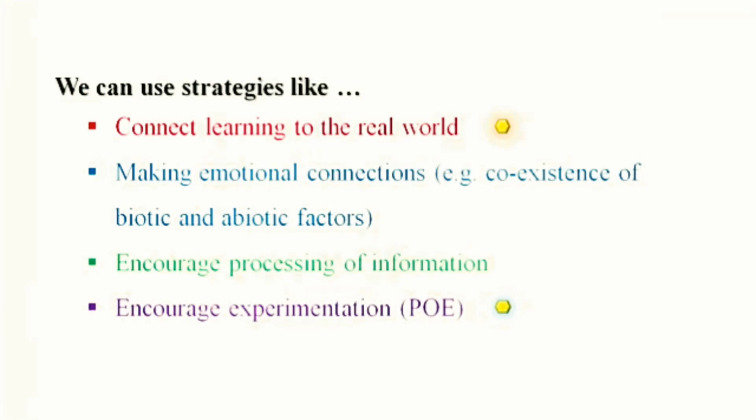The second strategy that we can look at is making emotional connections. For example, coexistence between biotic and abiotic factors. We are biotic because we are living, but we have the abiotic factors around us. And which are they?